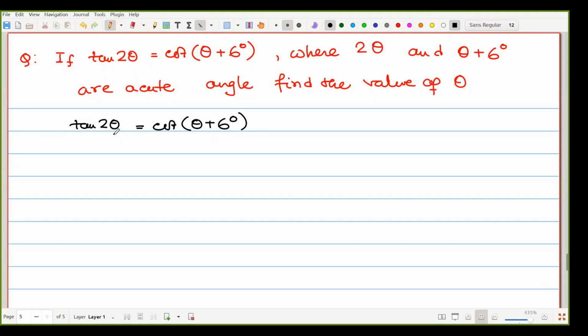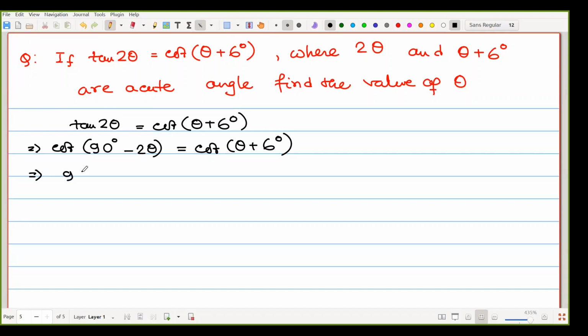Now tan 2 theta can be written as cot of 90 degree minus 2 theta. That is equal to cot of theta plus 6 degree.